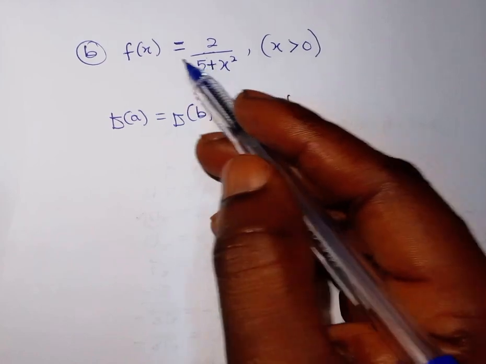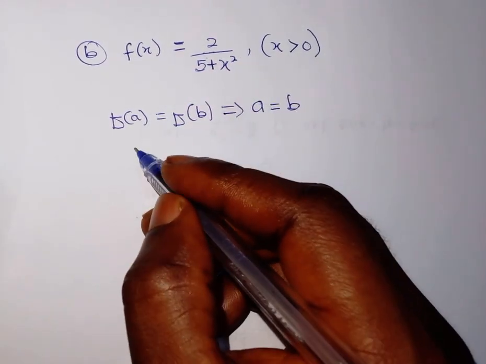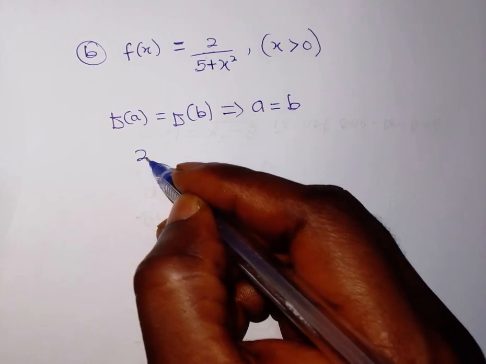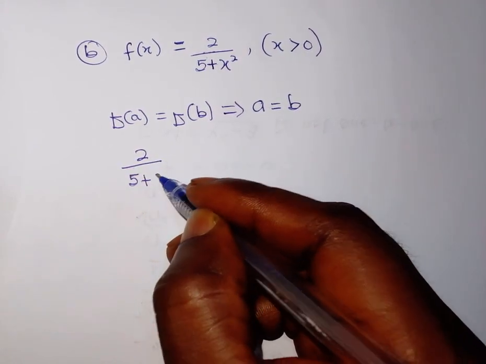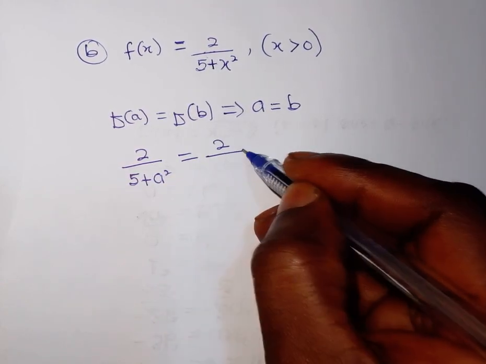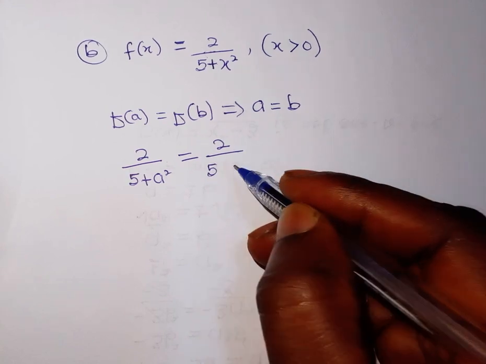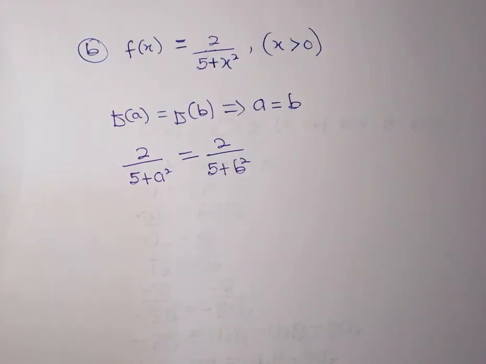It means I'm going to substitute a values for this and b values for that. I will just proceed and write 2 divided by 5 plus a squared, which is equal to 2 divided by 5 plus b squared.